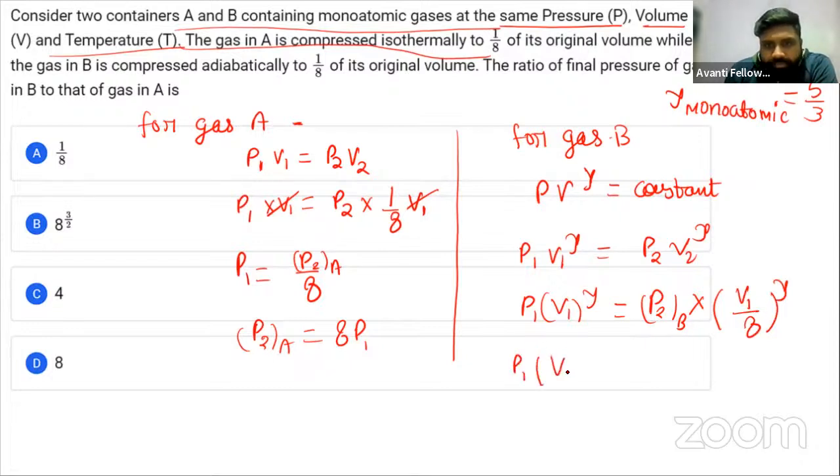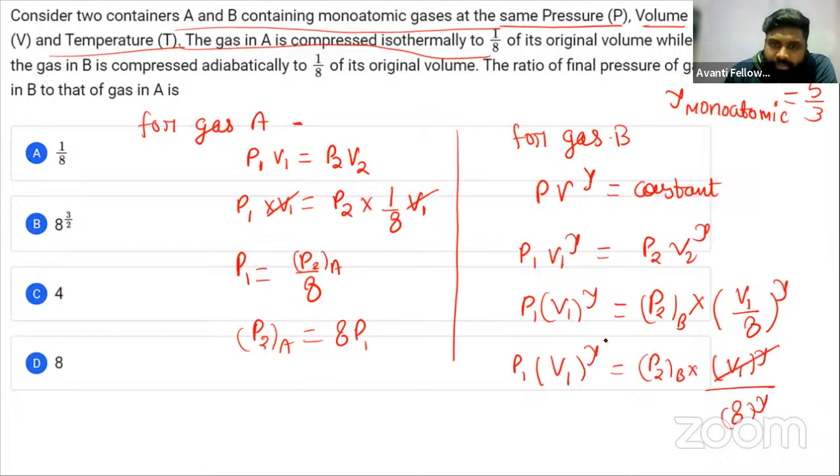If you distribute the power on the RHS, you will have V1 raised to the power gamma and 8 raised to the power gamma. This will cancel out. So P2B will be 8 raised to the power gamma into P1.